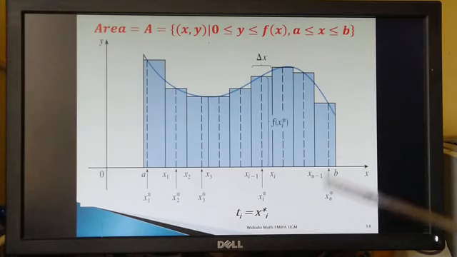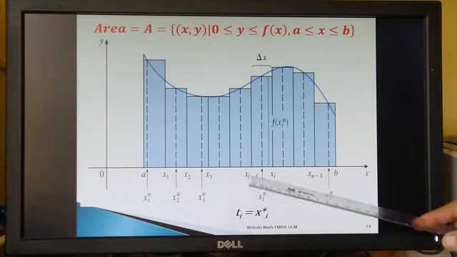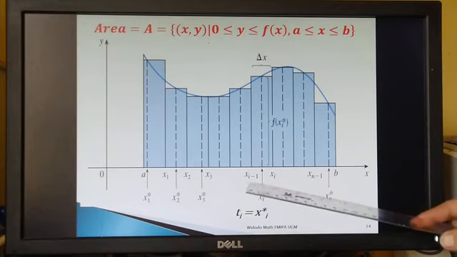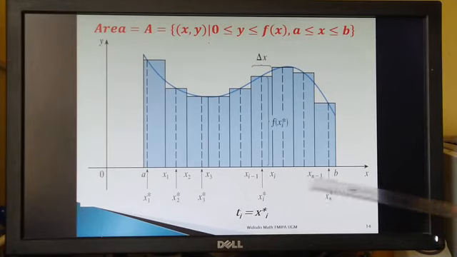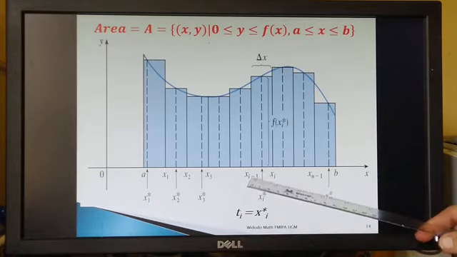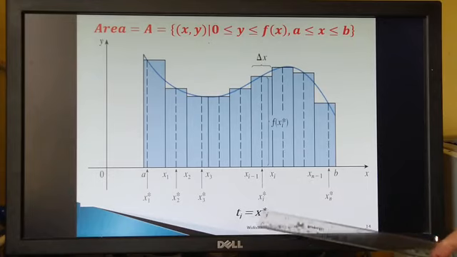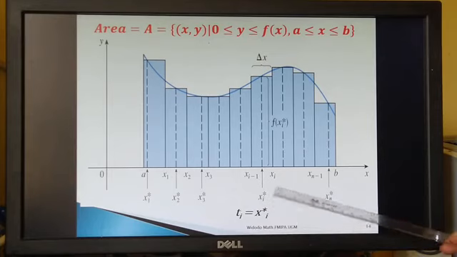If we take this partition, then we have n subintervals [x(i-1), xi], for i equals 1 until n. In between x(i-1) and xi, let's say we take ti equal to xi star.